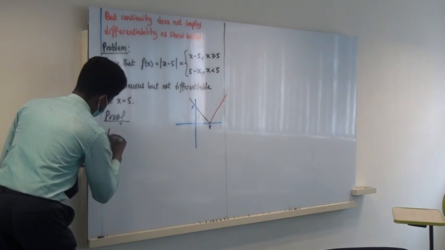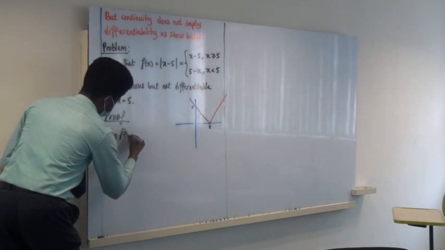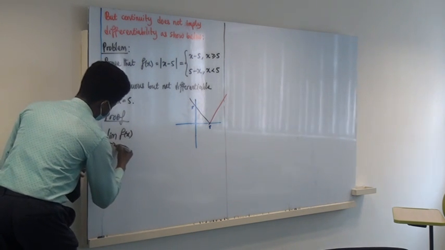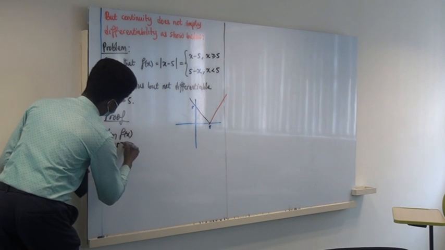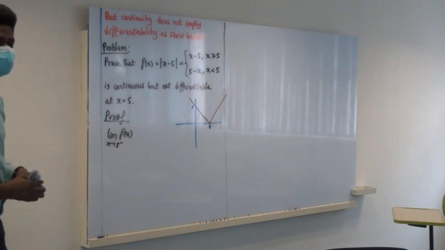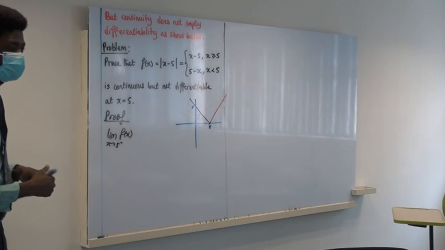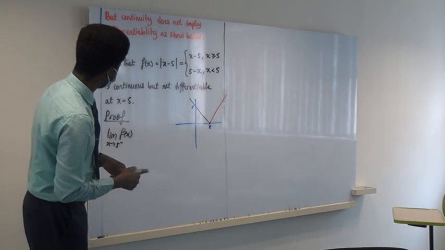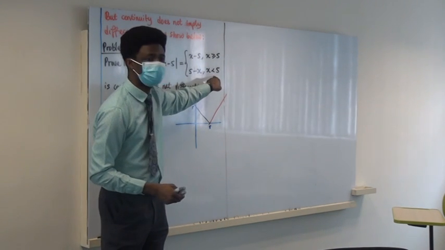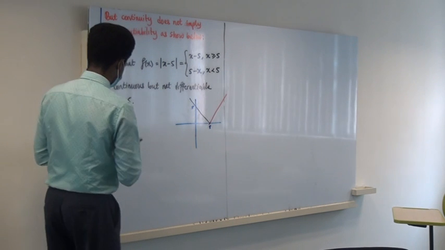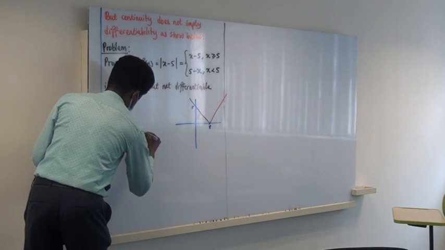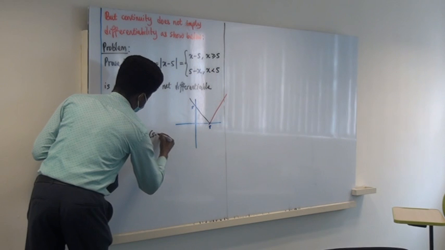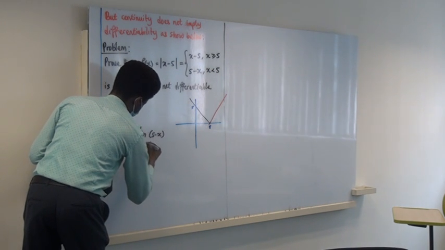First, the continuity, right? Limits of f of x as x tends to 5 from below. Now, when it is from 5 from below, is this one. Agree? So we are actually saying the limits of 5 minus x as x tends to 5 from below.